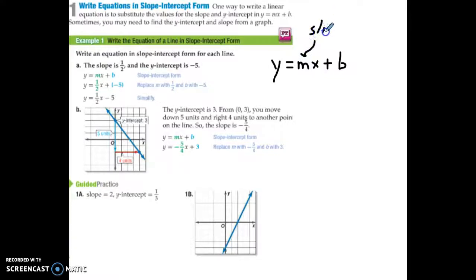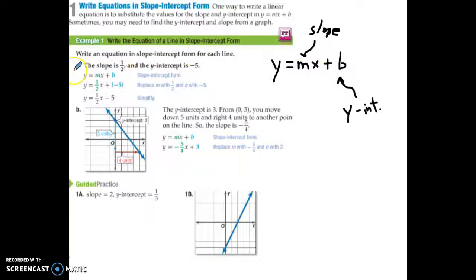And the b was the y-intercept, or the number where it crossed the y-axis. I'll put y-intercept and just abbreviate. So if I know the slope and the y-intercept, I'm just going to put those numbers into my slope-intercept equation, and that'll be my answer.